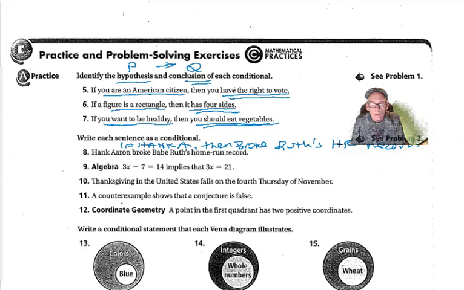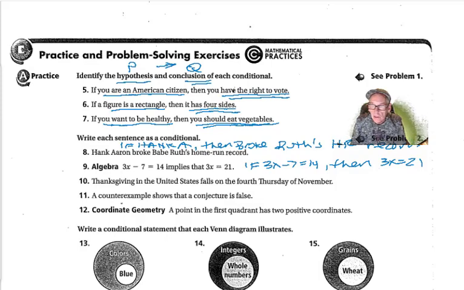That may not be the best one. 3x minus 7 equals 14 implies that 3x is 21. So if 3x minus 7 equals 14, then 3x equals 21 would be the if-then form.